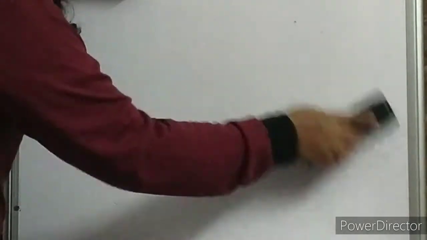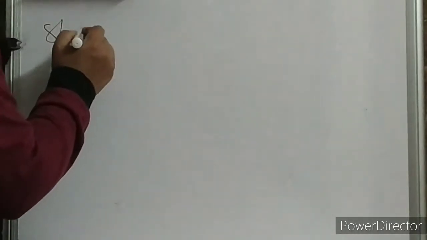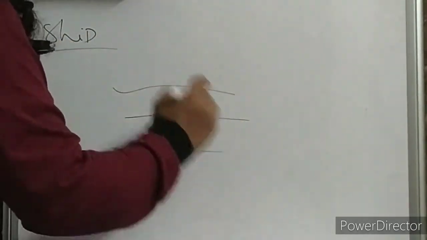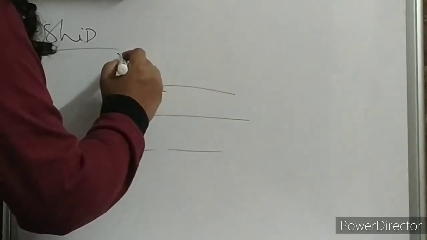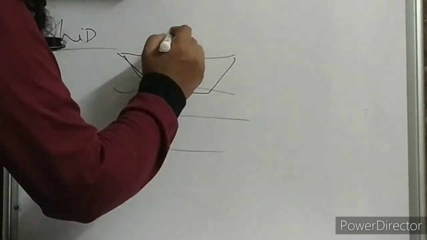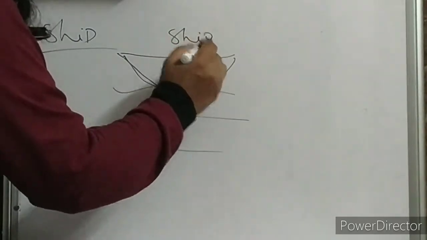See children, I think everybody has seen a ship. So here there will be water and here you will see a ship. Okay, so this is your ship.